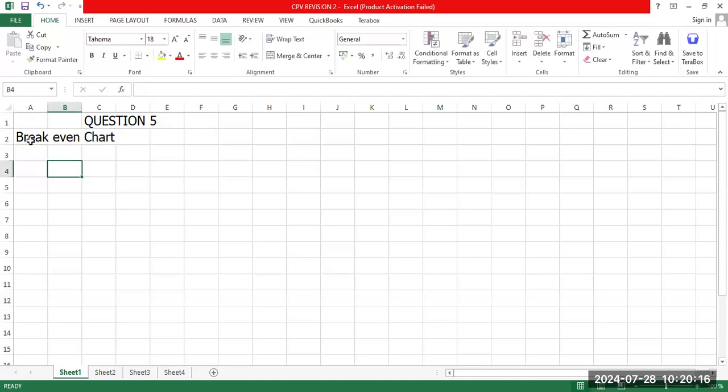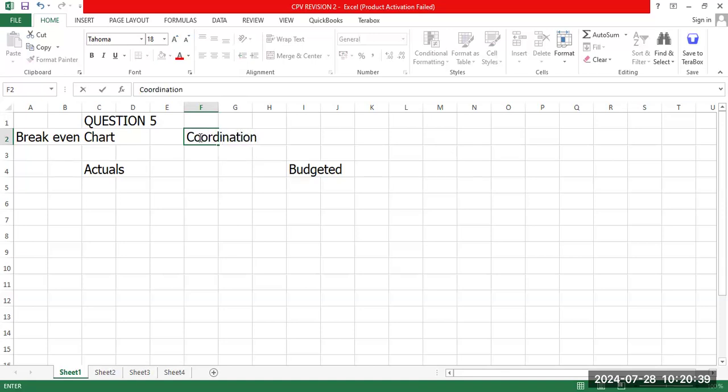So when you're preparing this, what do you need? Colleagues, we need to look at the actuals, then also look at the budgeted. You need the coordinates for actual information and for the budgeted information.